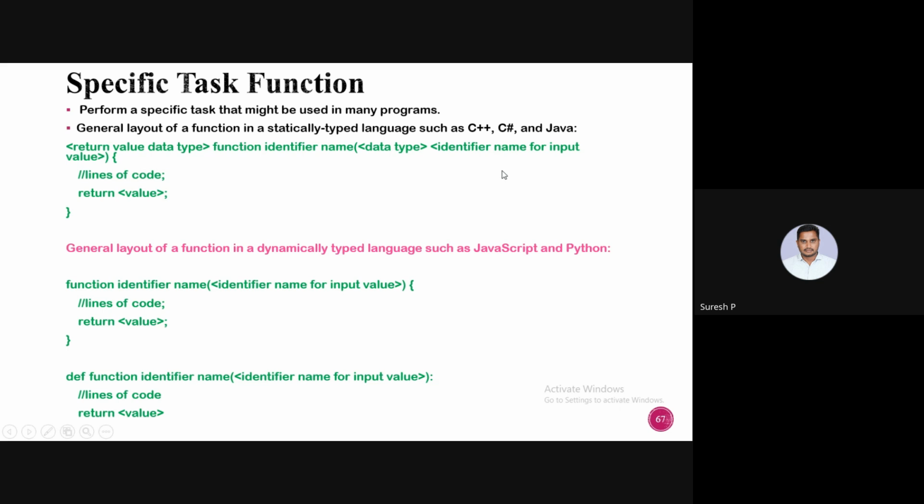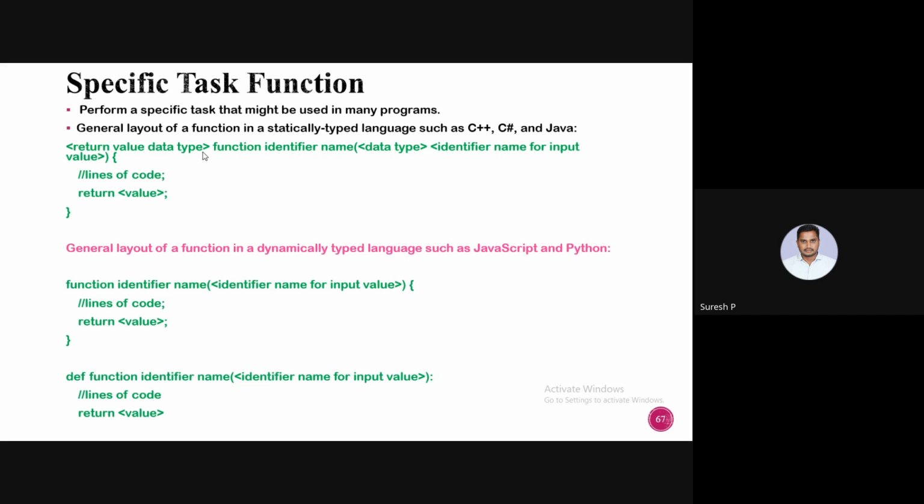If you take C++, C, C#, and Java, this is the syntax: return value data type, function identifier name, then data type and parameter variable name, that is, the arguments, then the opening brace. Here you give a set of lines and the return value. This is the syntax of function declaration in C, C++, C#, and Java.